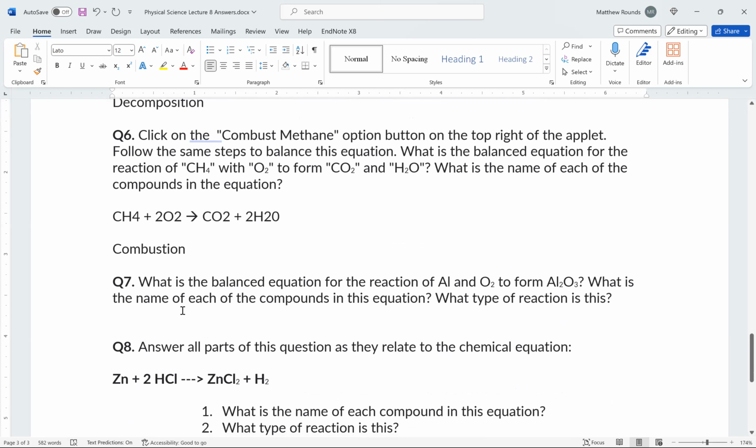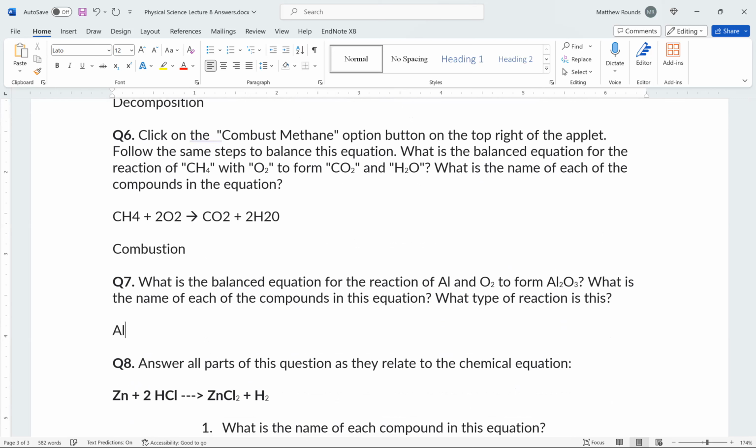All right. So next one here is aluminum and oxygen to form Al2O3. So the problem here is that that's out of balance.